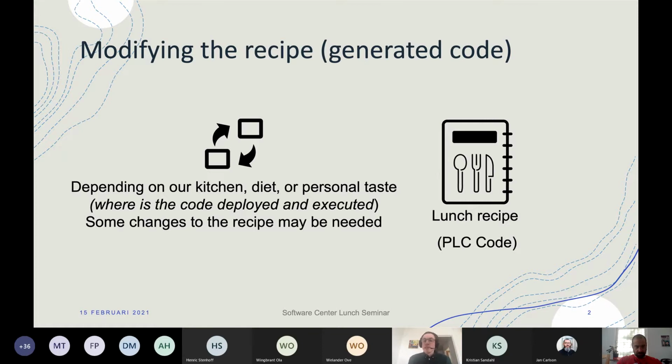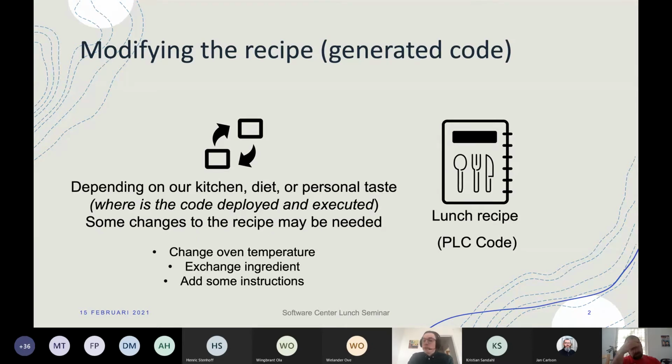You might need to change the code a bit, or in this case, you might make some modifications to the recipe to adjust to the specifics of the environment in which you want to use it. So, for example, we need to change the oven temperature in our recipe. We need to exchange some ingredient based on some allergy, for example, or we want to add some instructions to make it more to our personal taste.